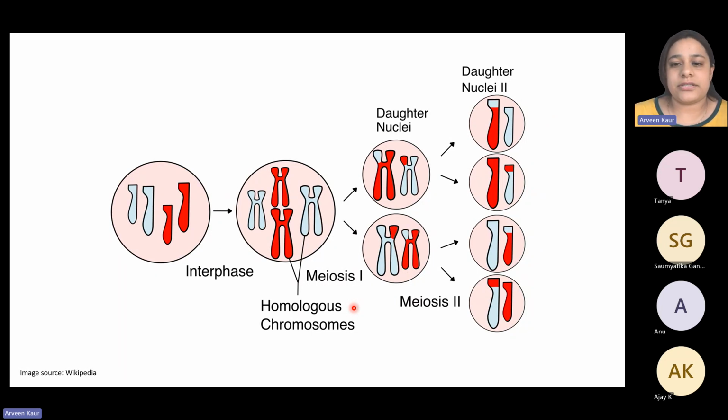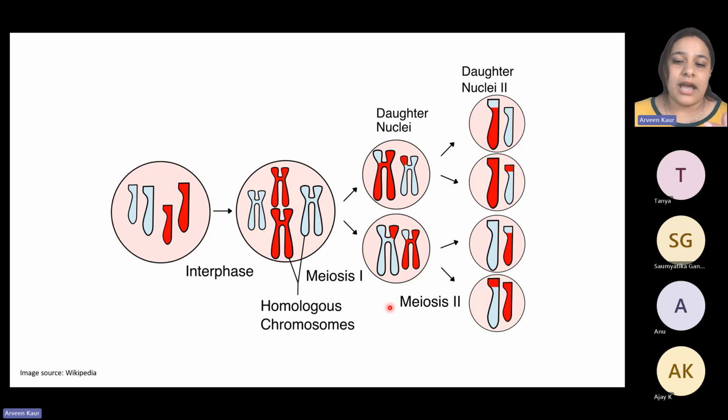After meiosis 1, the result is that we have two nuclei, one of which has a recombined set of chromosomes, and the other also has another recombined set of chromosomes, right?